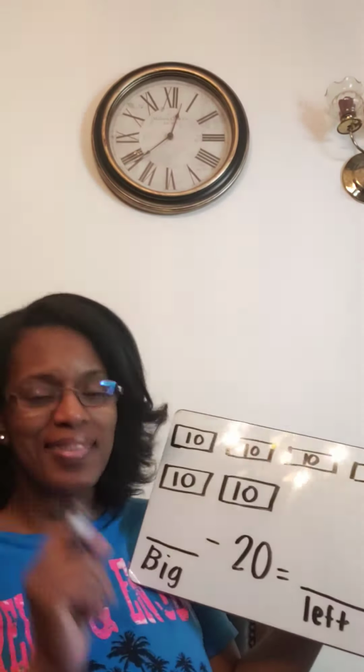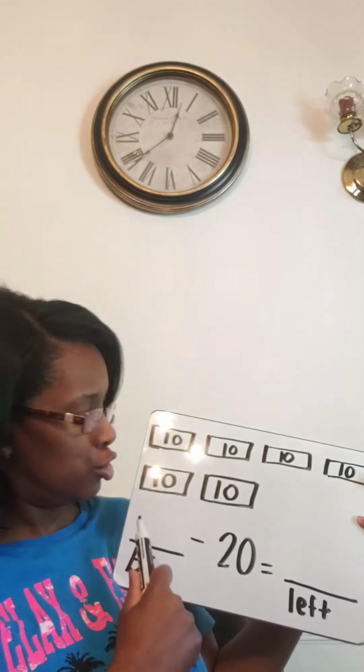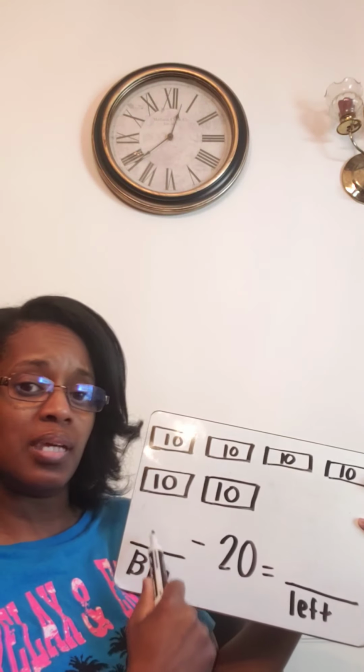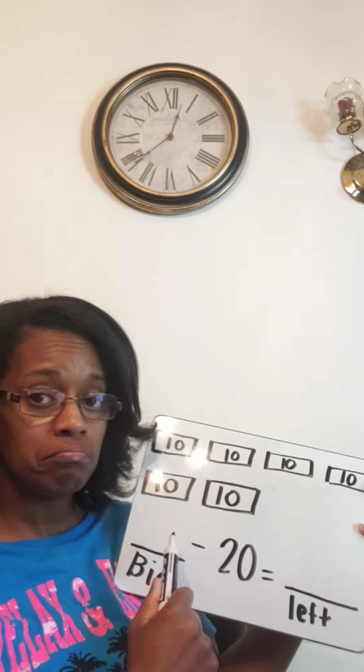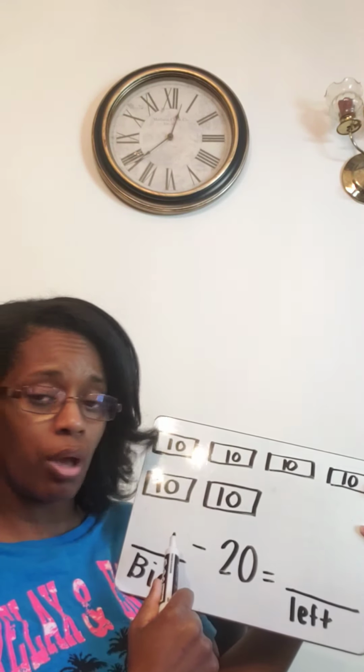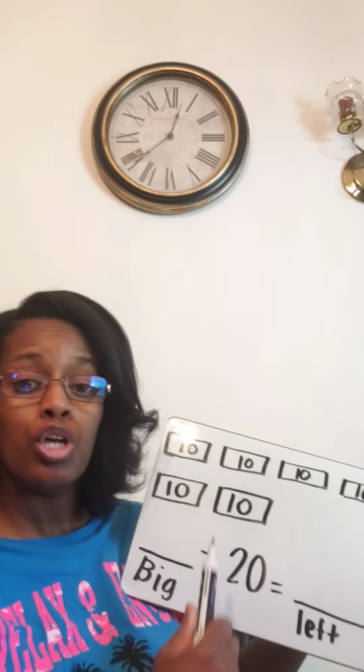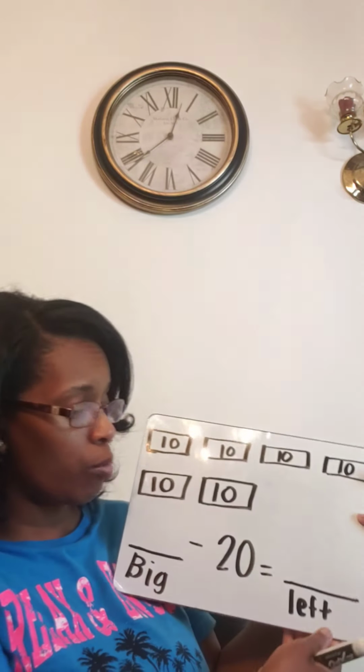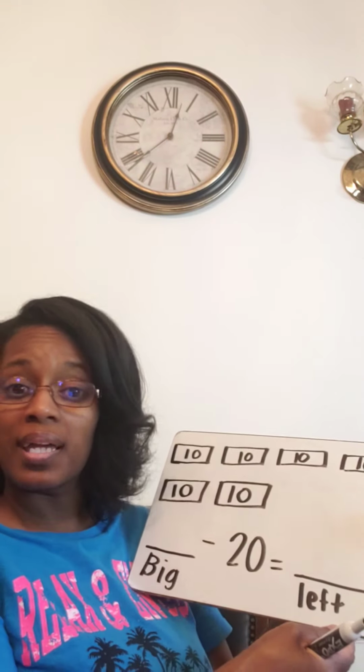There are 1, 2, 3, 4, 5, 6. Now, do you think I can just write the number 6 right here and I'm done? No, because that wouldn't be the biggest number because 20 is bigger than 6, so that couldn't be correct. So remember, just like we would do it before when we're doing 10 frames, we're going to count by 10.